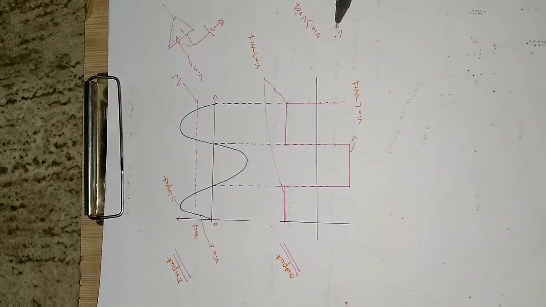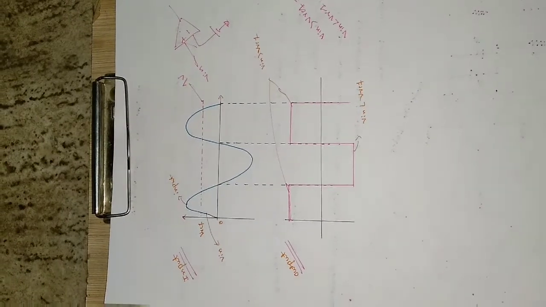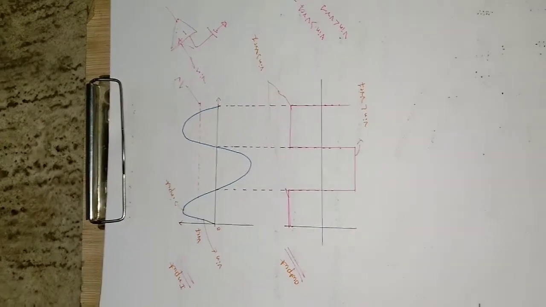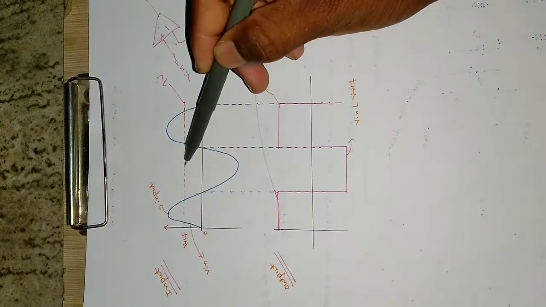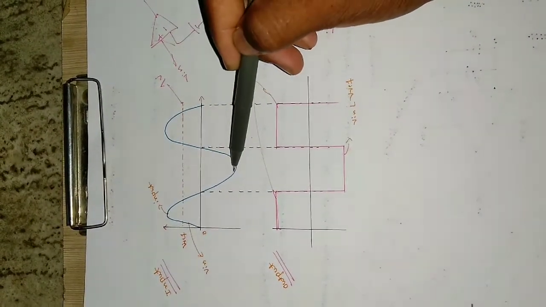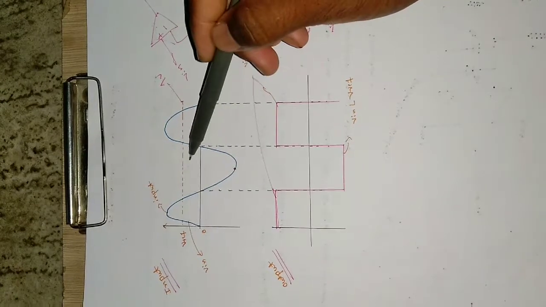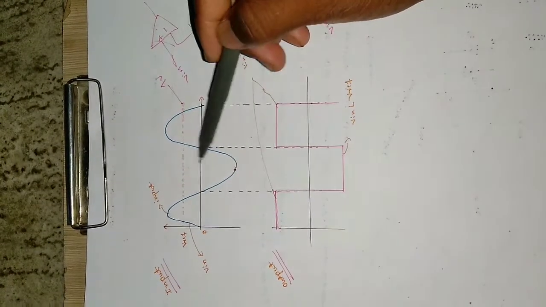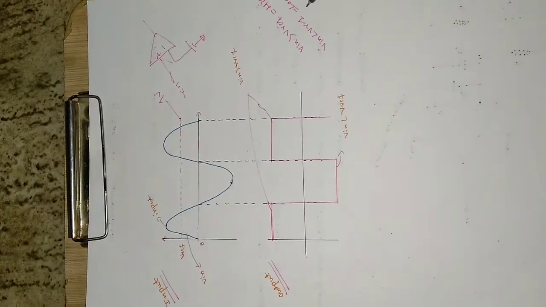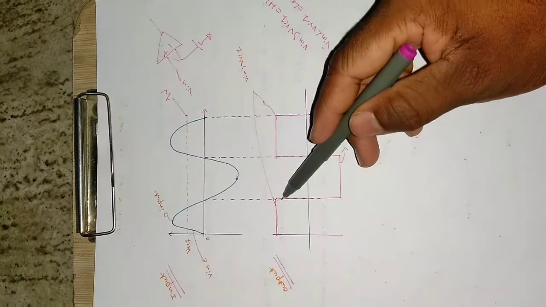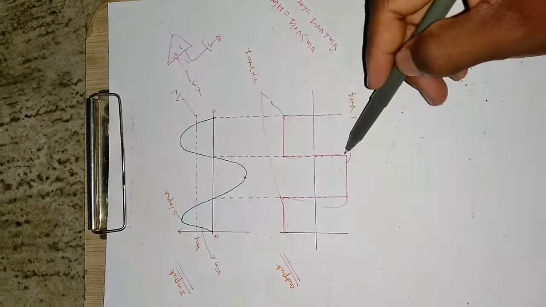And when V input is less than V reference, output will be low. So here in this case, as we can see, V reference is positive, but V input is negative, so V input is negative as compared to the reference voltage, so the output is going to be low. So output is low here. As you can see, this is the lower portion.